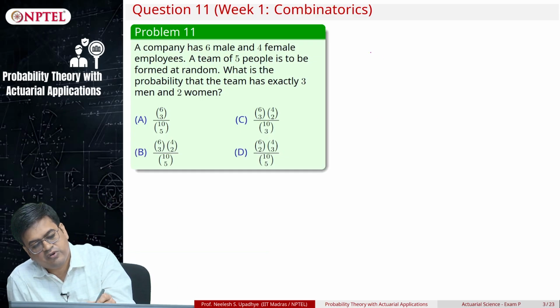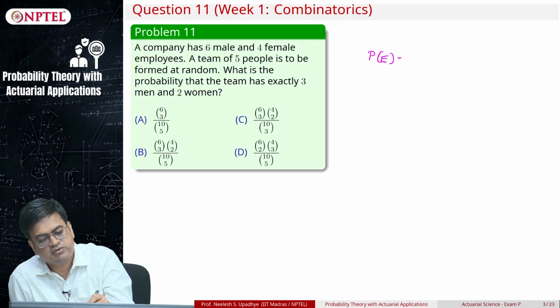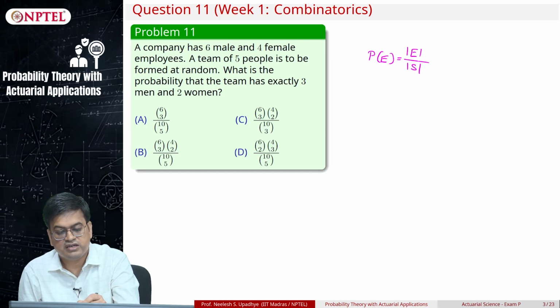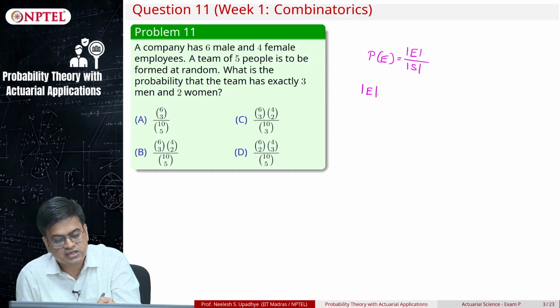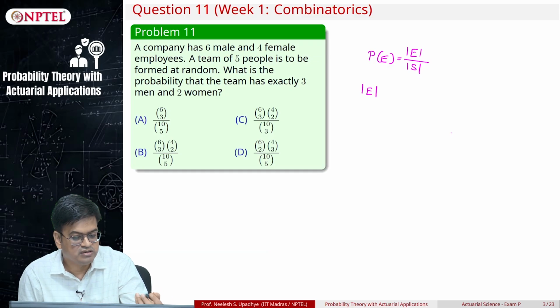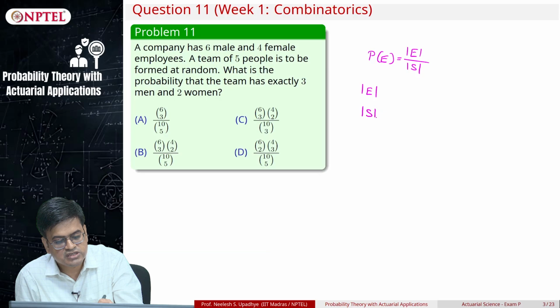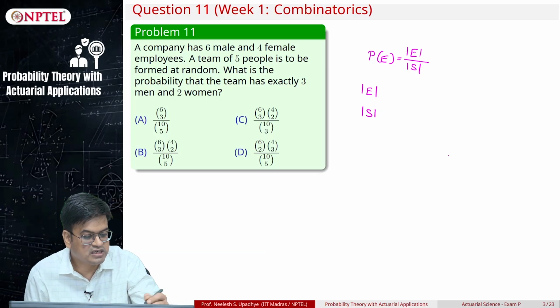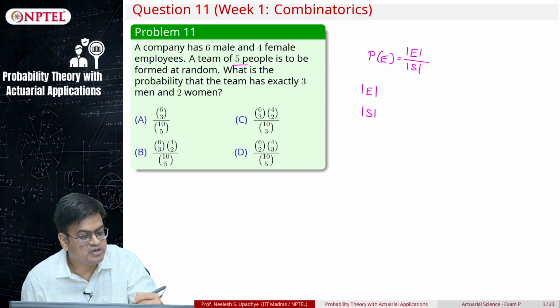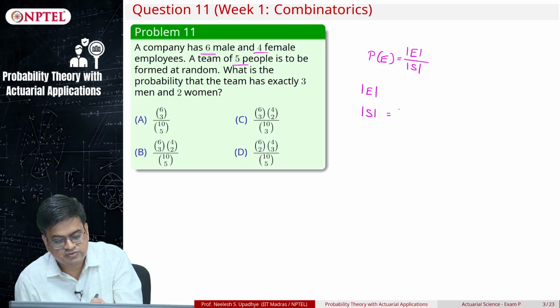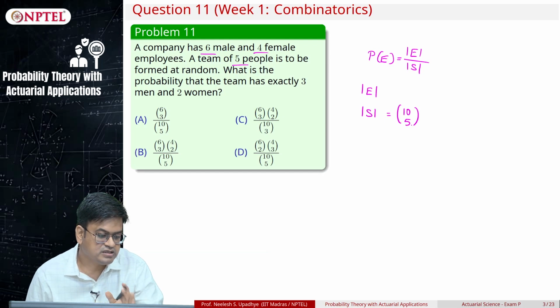So if I want to compute the probability of E, it will be the number of elements in E upon the number of elements in S. That means I need to find the cardinality of set E, and what the sample space will be. The sample space comes from a team of 5 people formed from 10 people, so the sample space will have the form 10 choose 5.